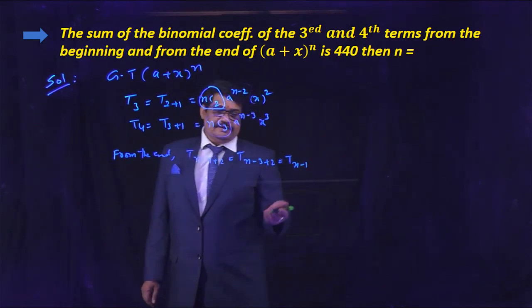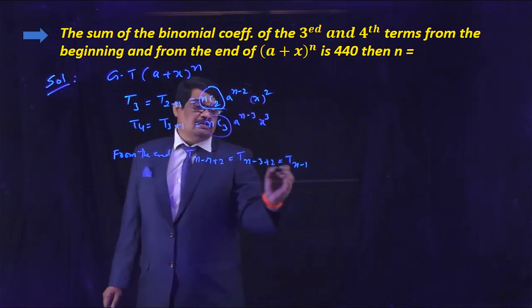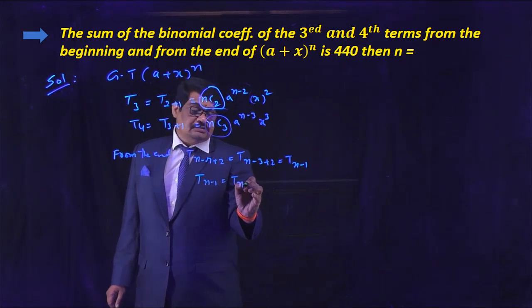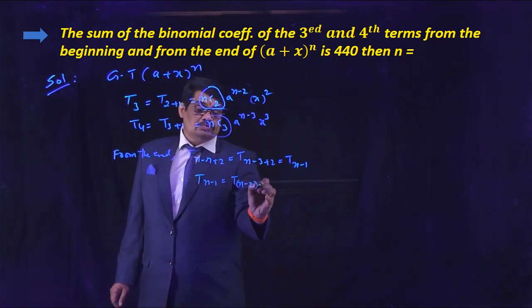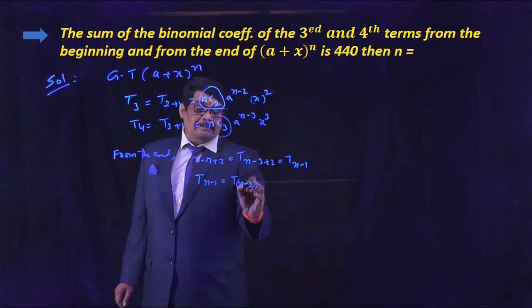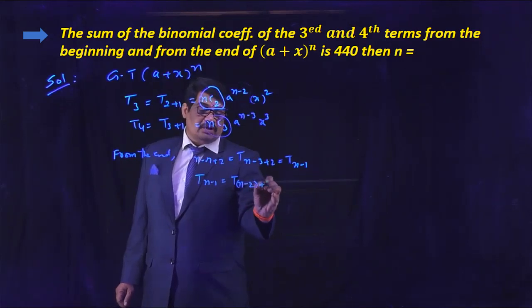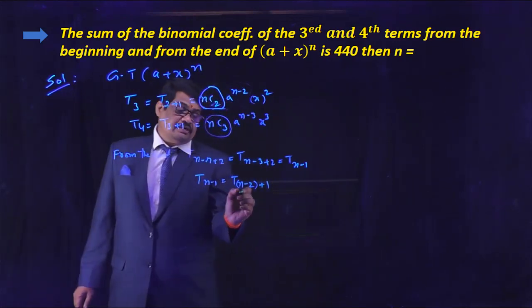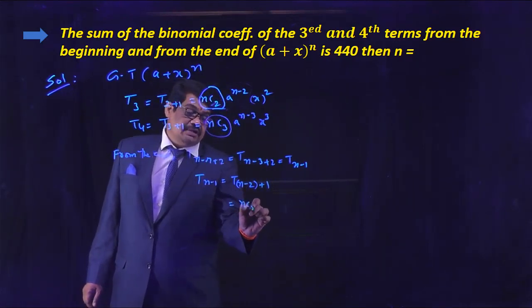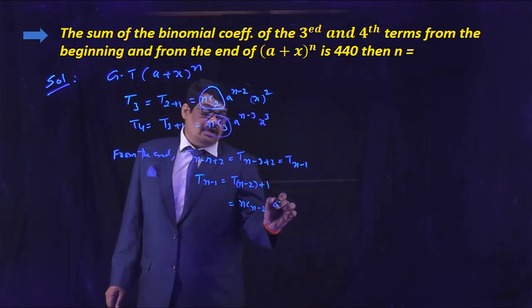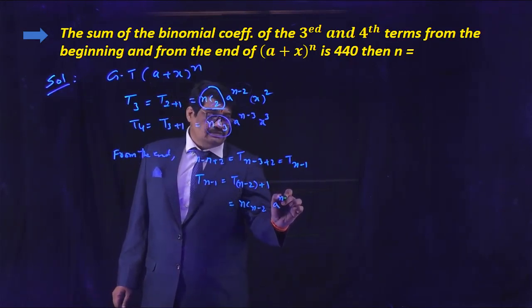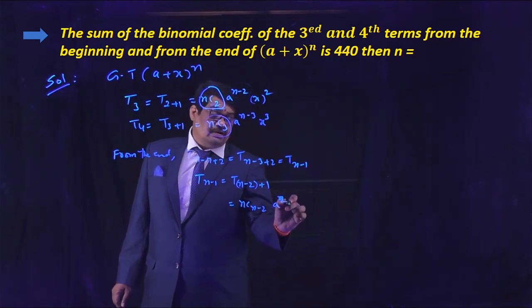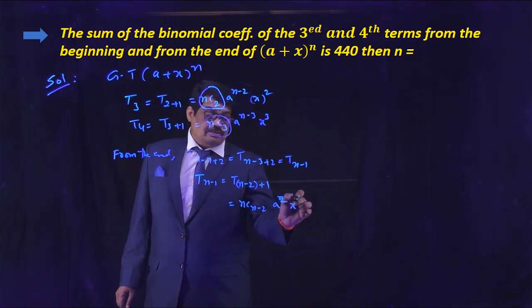So now we write this term. T(n minus 1) is T(n minus 2 plus 1), taking r as n minus 2. So that is the coefficient here: nC(n minus 2) into a power 2 and x power n minus 2.